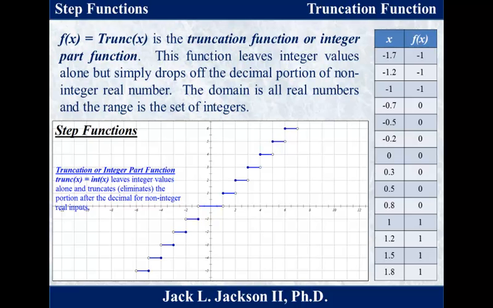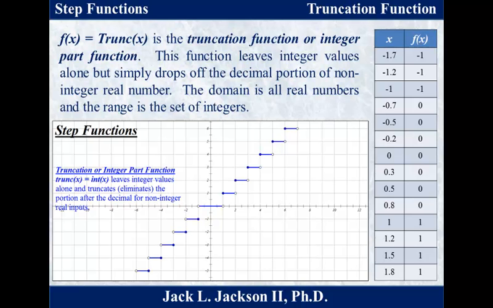Let's take a particular interest in what's happening first of all for the integer values. You'll see those as the big dots here, and those are left alone. -5 is still -5, -4 still -4, 0 is 0, 1 is 1. So those are on the line y = x, and like I said, they leave those integer values alone.